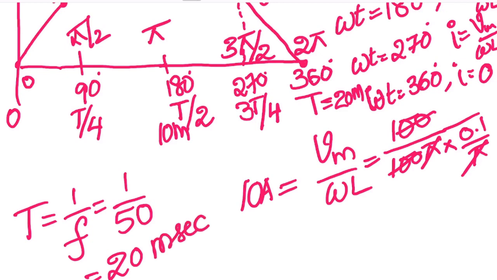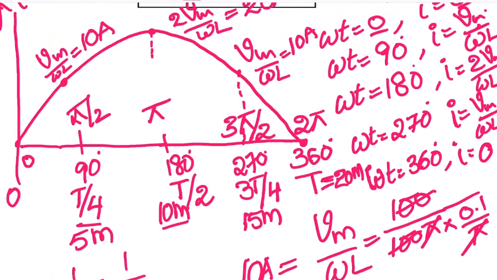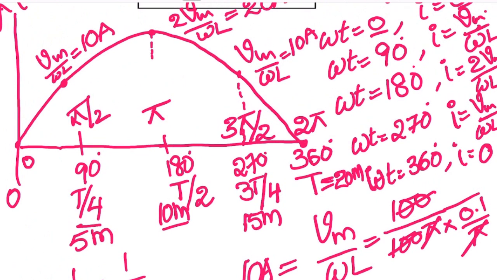At 180 degrees, it is 10 milliseconds, at 90 it will be 5 milliseconds, and at 270 it will be 15 milliseconds. That means if they are asking in terms of time period, at 10 milliseconds it has to show 20 amperes, and the current at 360 should be 0.